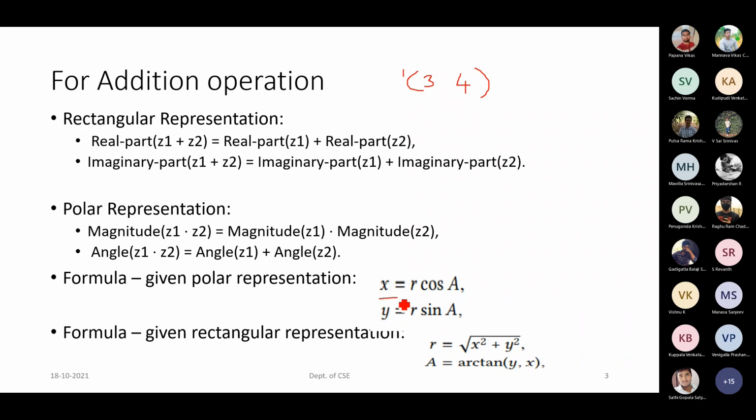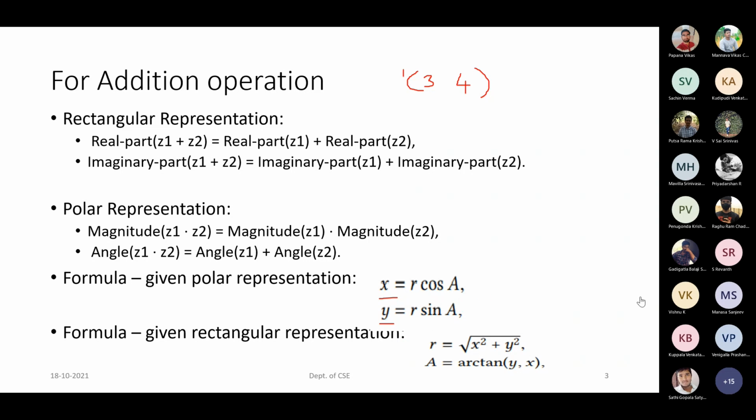Similarly, if you want the imaginary value, it will be nothing but the magnitude multiplied by sine of theta, that is, sine of the angle value. If you take that, you will get the imaginary part of that complex number. So this is the formula which we can apply.